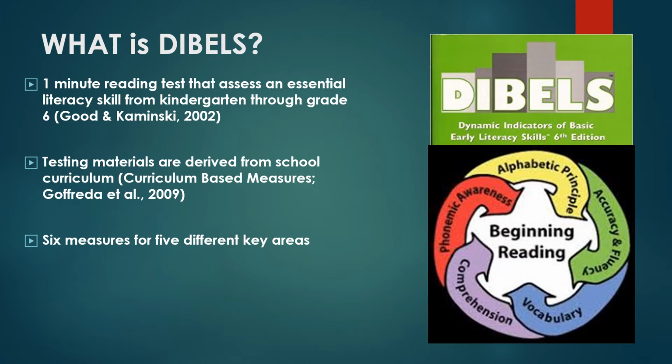However, unlike CBM, DIBELS consists of standardized items rather than using materials sampled from a district's curriculum. DIBELS includes 6 measures for 5 different key domains of reading: phonemic awareness, alphabetic principle, accuracy and fluency, reading comprehension, and vocabulary.